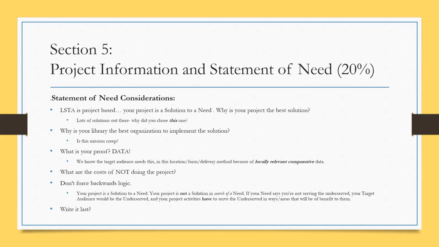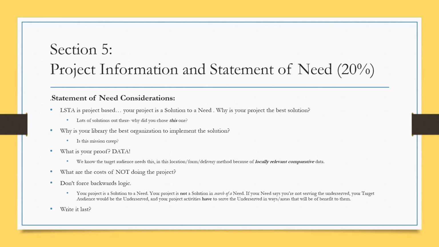The bottom two ones, don't force backwards logic, right? Don't try and fit your need to match the thing you want to buy, right? They should flow. The thing you want to buy should be an obvious solution to the statement of need. Or the project you want to do should be an obvious solution, right? Don't force it. And the last one is something I learned a long time ago at school when it came to writing papers.